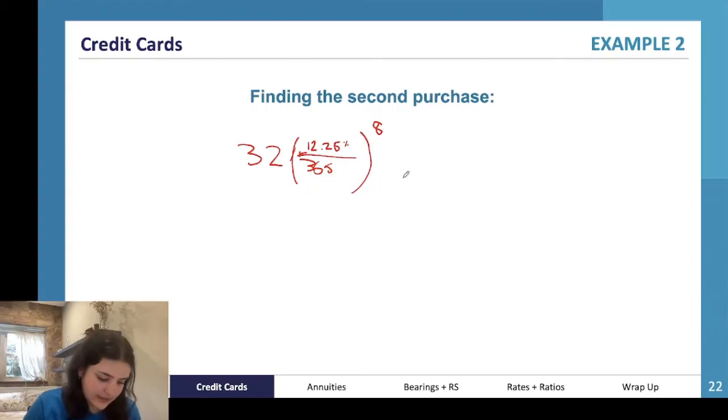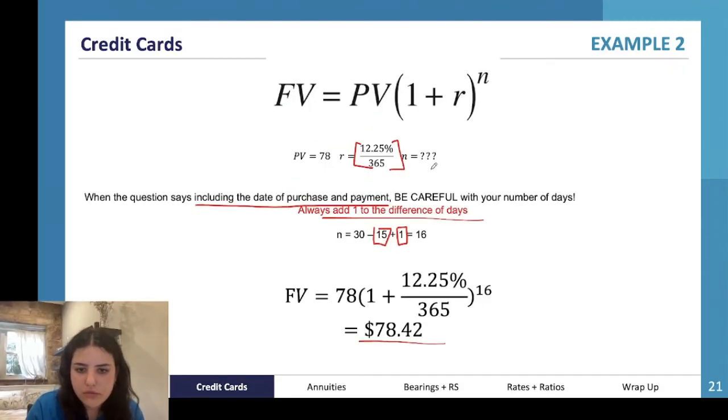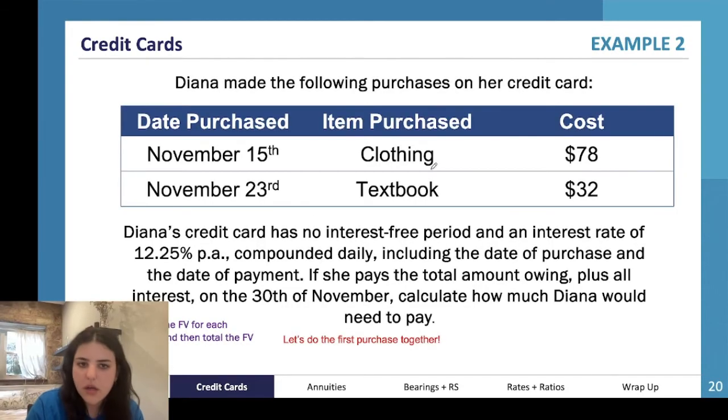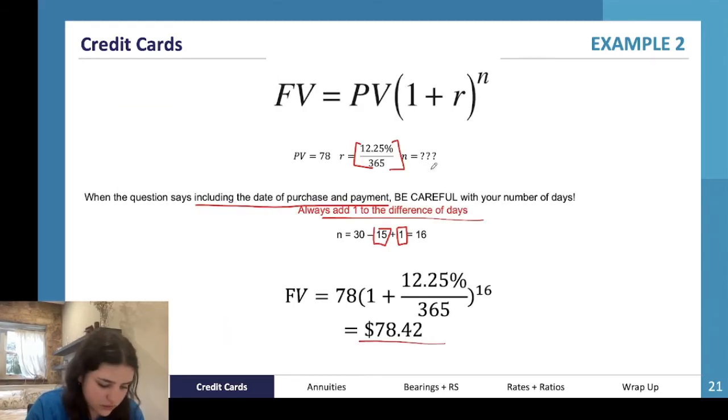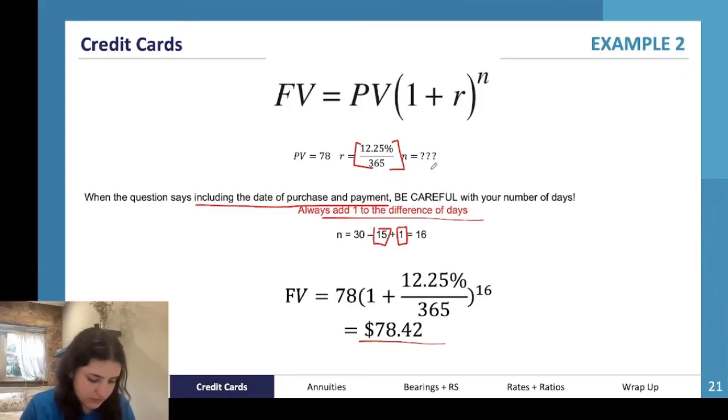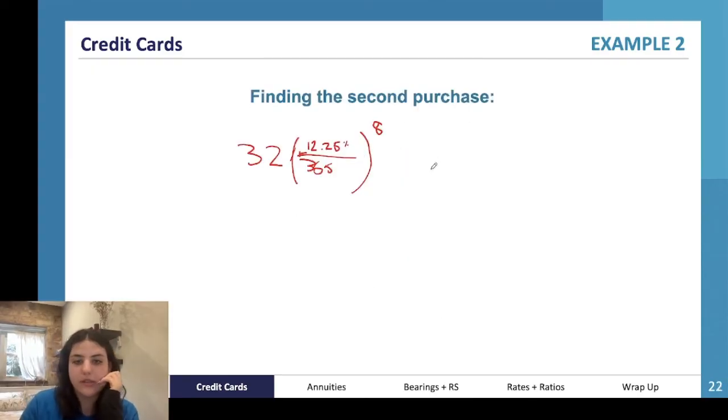And it's to 8 days. That's giving me $32 and let's check if that looks right. Yeah, that looks right. Okay, so let me pop. Oh, I'm missing a percentage. There we go. All right, so 78.42. The second purchase is going to be $32.08.